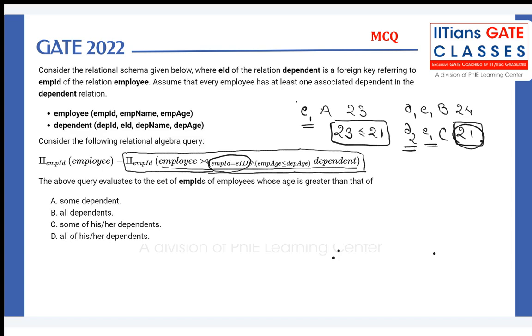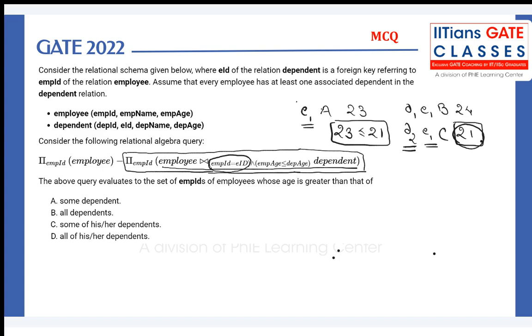Because of D1. What does it mean then? Does it mean that all the dependents of employee E1 should have age less than the employee? Or does it mean that at least one of the dependents should have age more than the employee's age? What does it mean then? At least one.